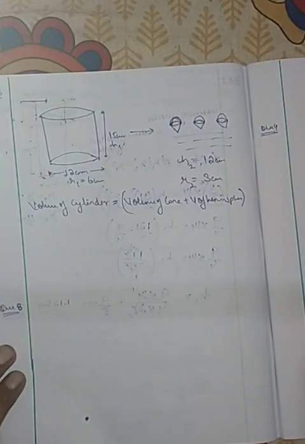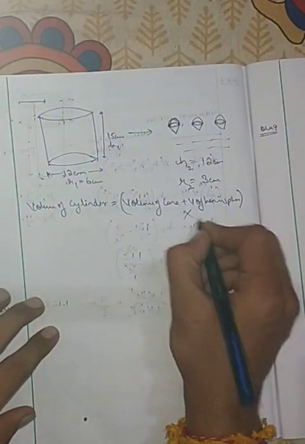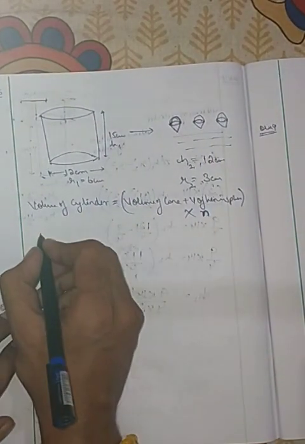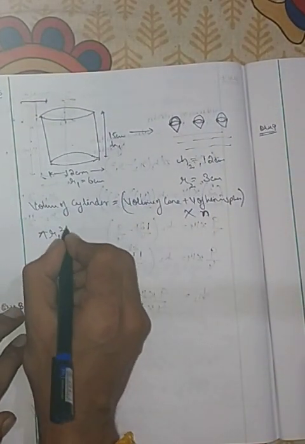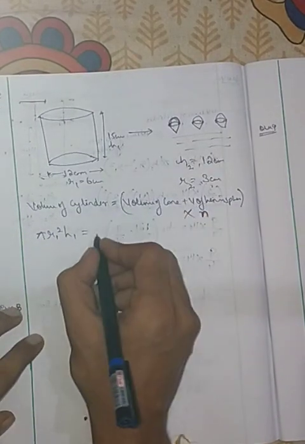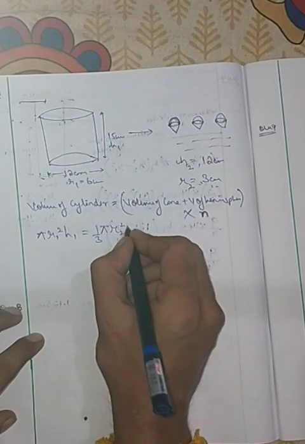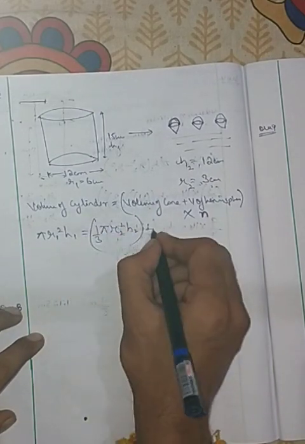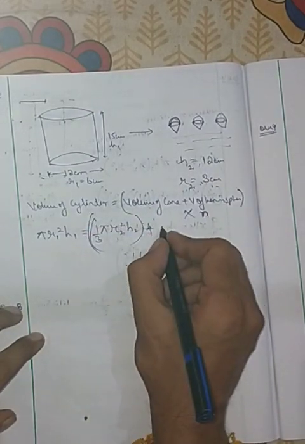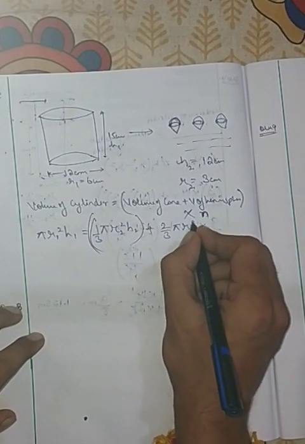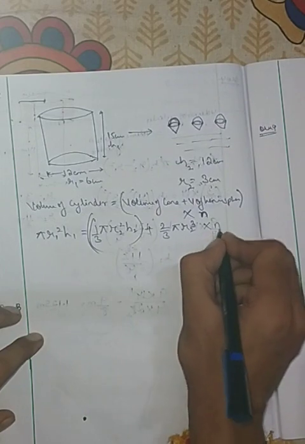What we have to find is the number of cones, so multiplying it with n. N means the number of cones. Volume of cylinder is pi r1 square h1, equal to volume of cone 1 upon 3 pi r2 square h2 plus volume of hemisphere 2 upon 3 pi r2 cube, into n.